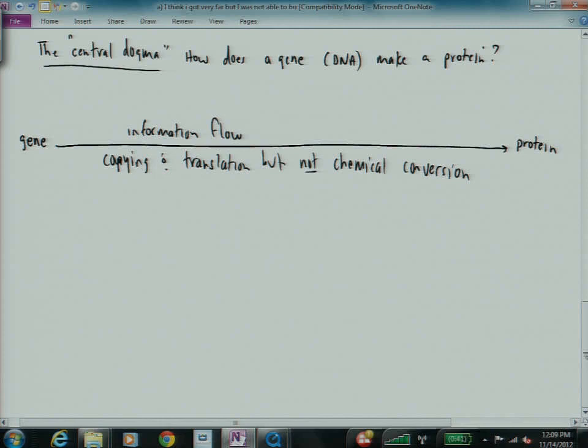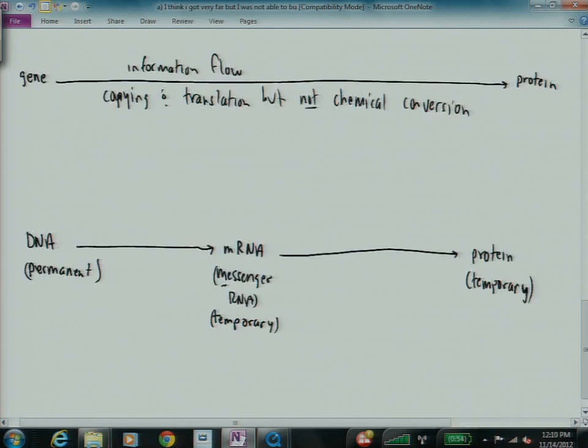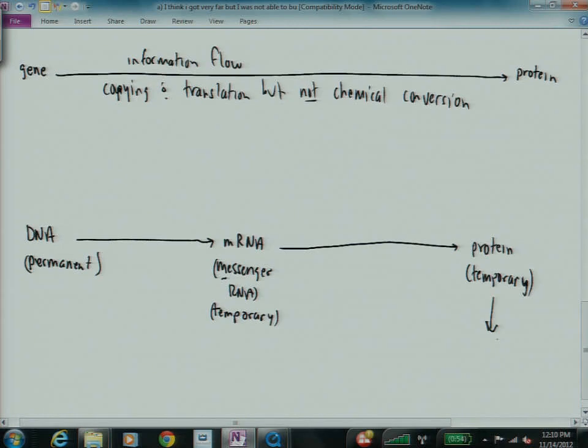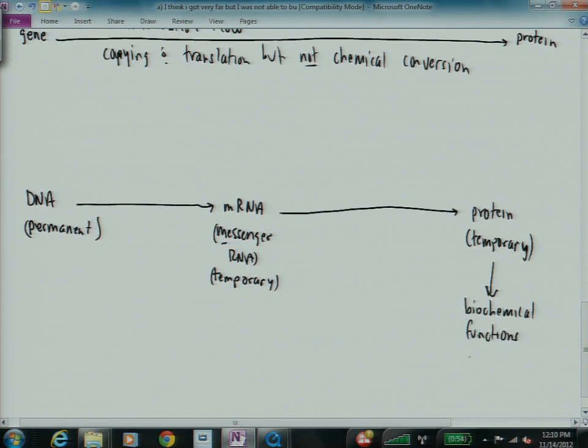And then that mRNA is used to make protein, which is also temporary. All proteins last for a certain amount of time in cells, and they're degraded and reused. And the protein here does the biochemical functions. Things like eye color, PKU, etc. All right. So there's a couple of steps I want to talk about here.